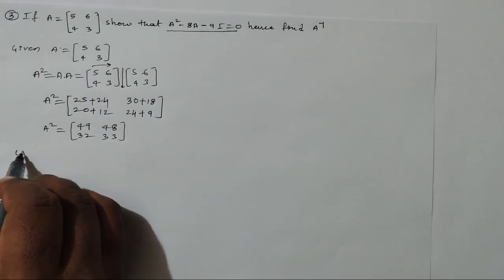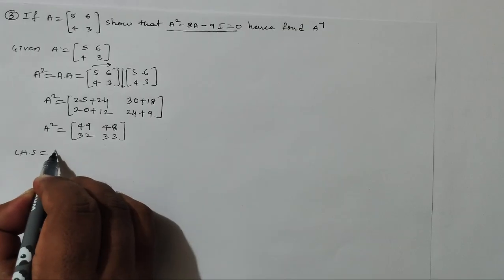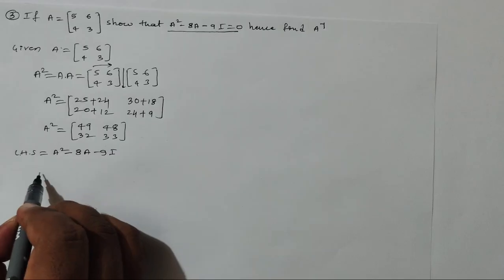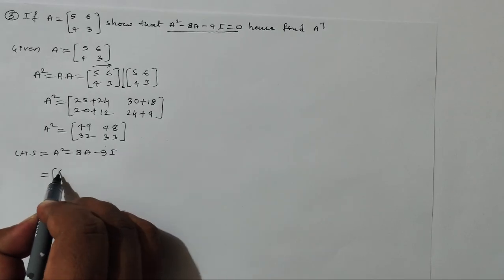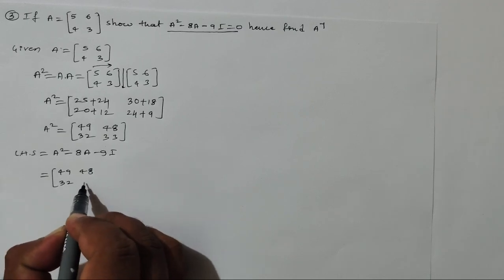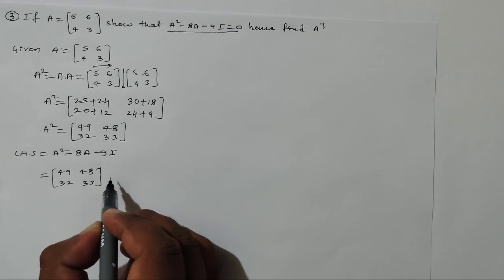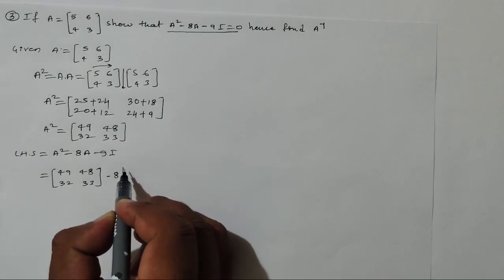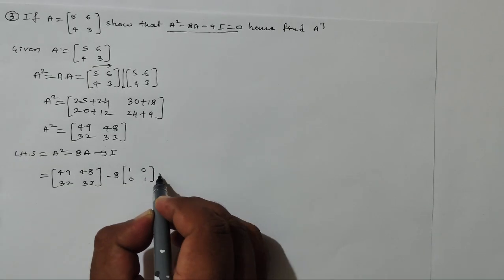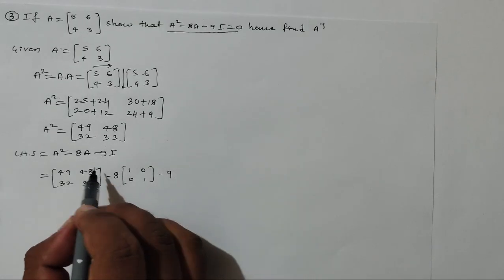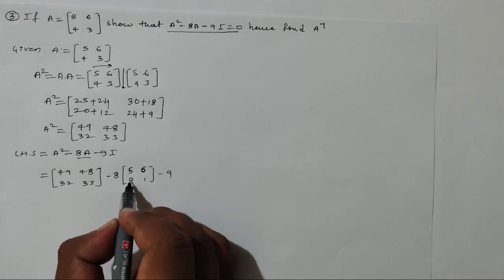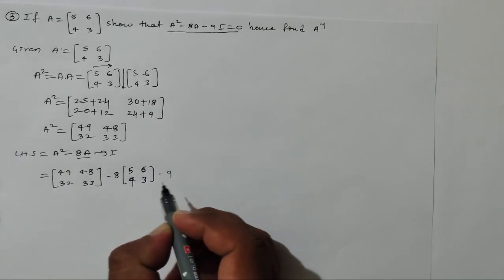Take LHS side. A square minus 8A minus 9I. What is A square here? 49, 48, 32, 33 minus 8 into, what is identity matrix? 1 0 0 minus 9I. Sorry, 8A. A becomes what? 5 6 4 3 and 9I.